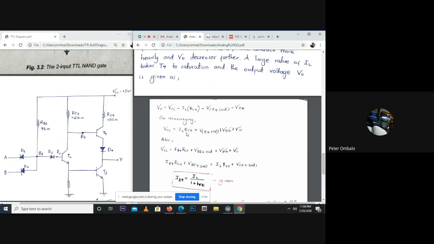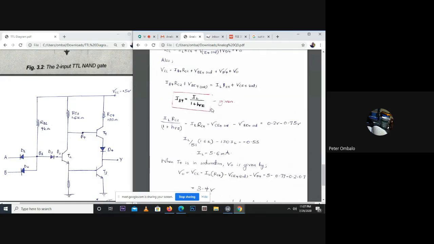If we compare the remaining term in the first equation to the remaining term in the second equation, they should equate. So Ib4 RC2 plus VBE4 at saturation is equal to the second path.